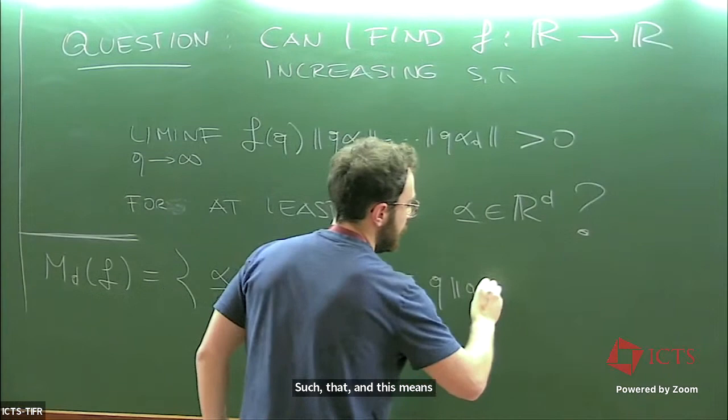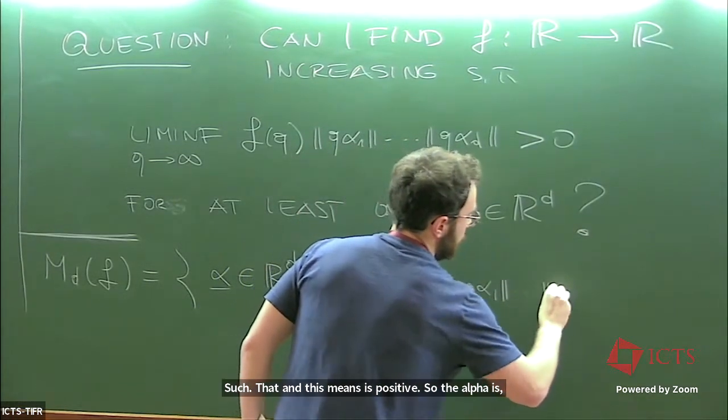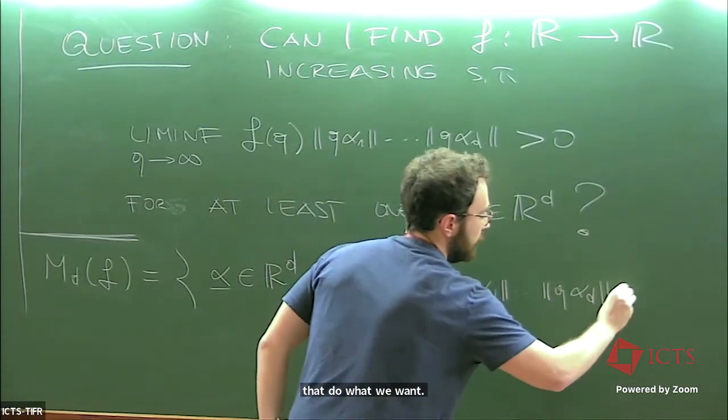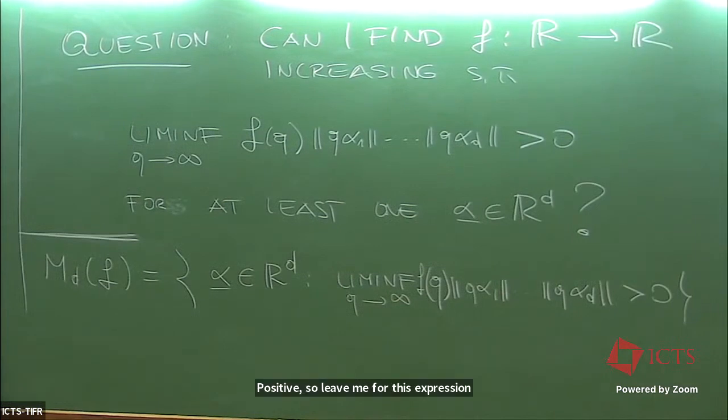So the alphas that do what we want: the limit of this expression, with f, is positive. Then Gallagher's theorem.